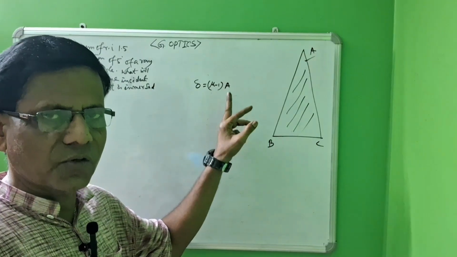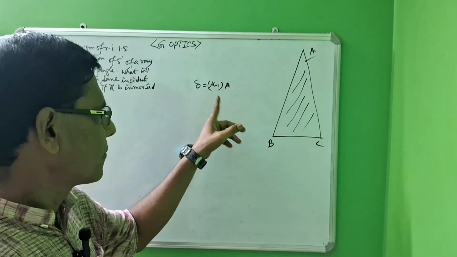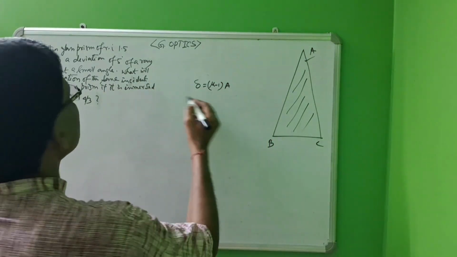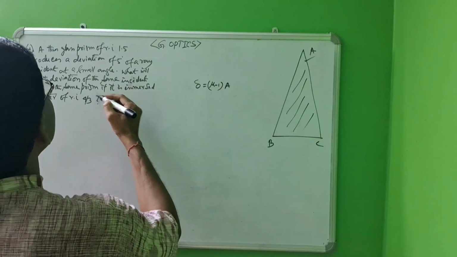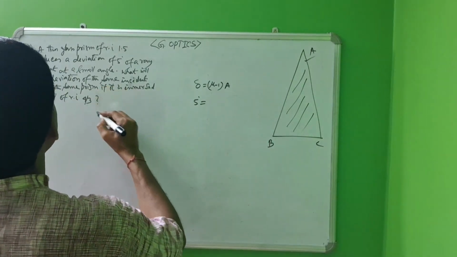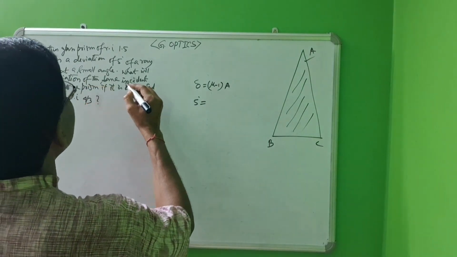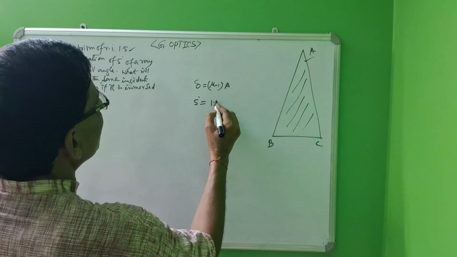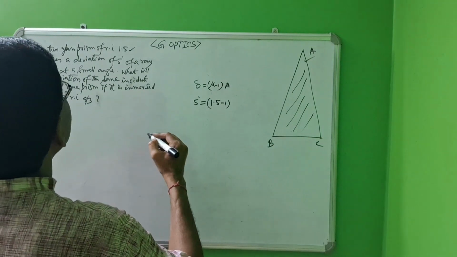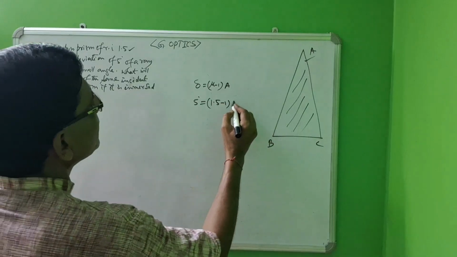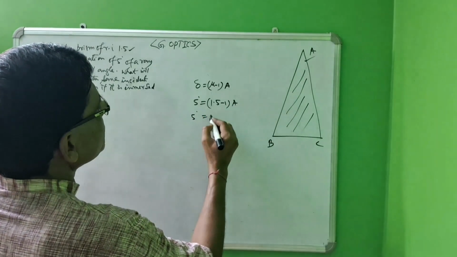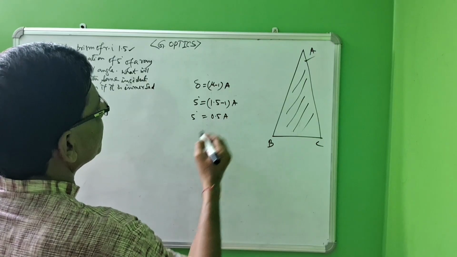How it comes is not the point. The point is, by this relation we have to answer. So according to the problem, delta given as 5 degree equals mu g given 1.5, 1.5 minus 1, into A, equals 0.5 A.